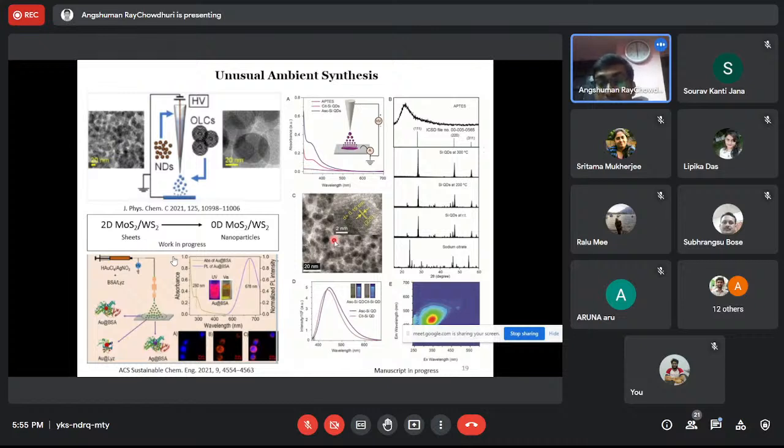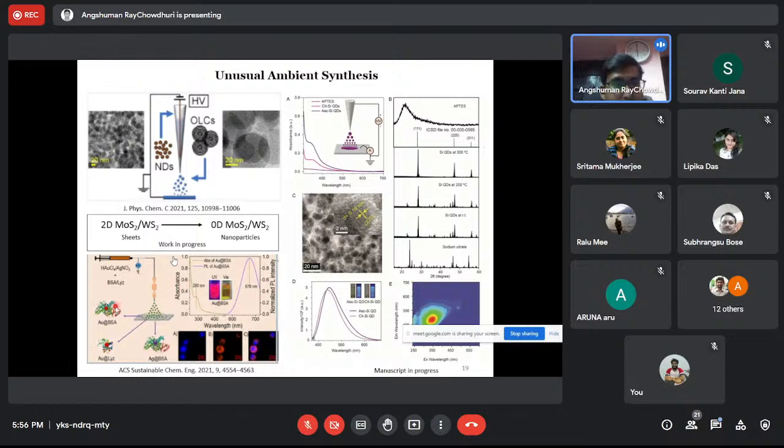You know, synthesis of silicon quantum dots is highly challenging right now. It needs high temperature and high pressure, and sophisticated instruments are also needed. So this simple method can indeed produce silicon quantum dots, and quantum clusters are also produced by the ambient electrospray.